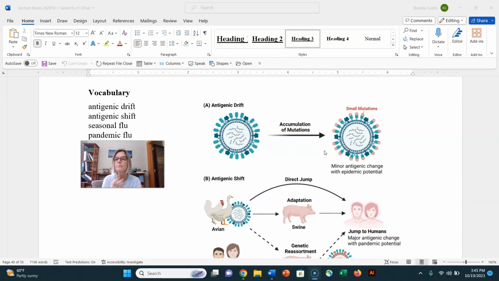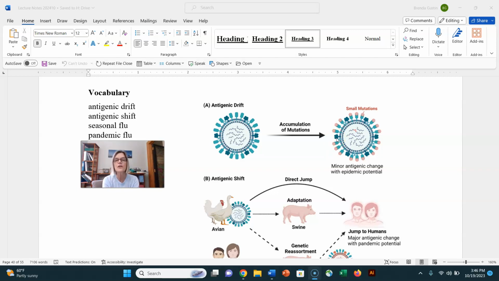You're probably getting millions and millions of virus particles out of an individual infected person. And you're eventually going to get changes in those proteins that make up the spikes. So it's this minor antigenic change. These are small changes, but your immune system might gradually start losing its recognition of that virus.